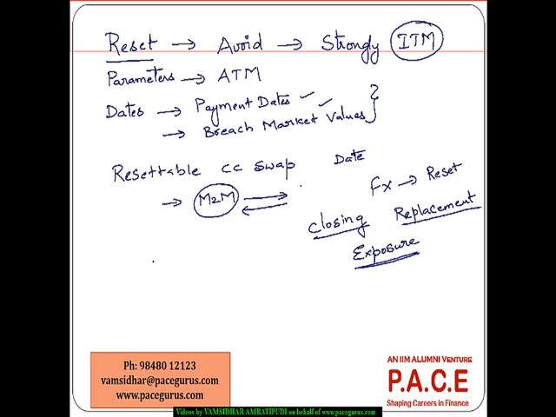In a way, I'm breaking one single contract into multiple contracts of shorter time frames virtually. That is the benefit that comes through a reset, and the exposure at any point in time is drastically reduced. That's one way we can reduce the counterparty risk.